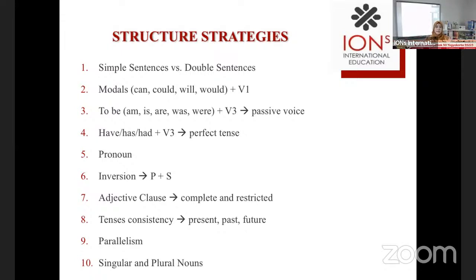Itu yang harus di make sure dulu, yang harus diketahui dulu. Oke, kemudian ada yang lain-lainnya, modals, to be, yang sebagai predikat ya. Predikat itu bisa modals, bisa to be, bisa have, has, had, plus verb 3, dan yang lainnya. Okay, so these are the strategies that we learn in our TOEFL ITP preparation course.